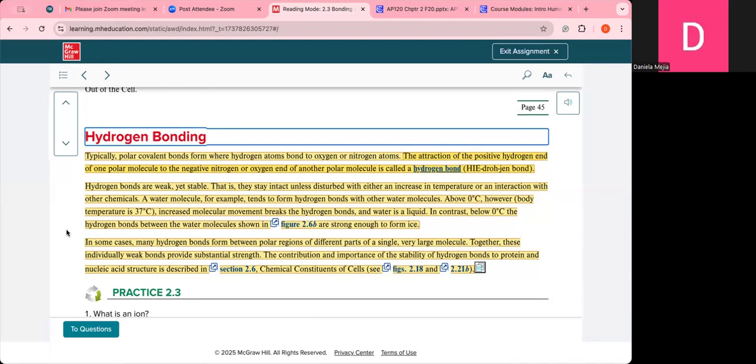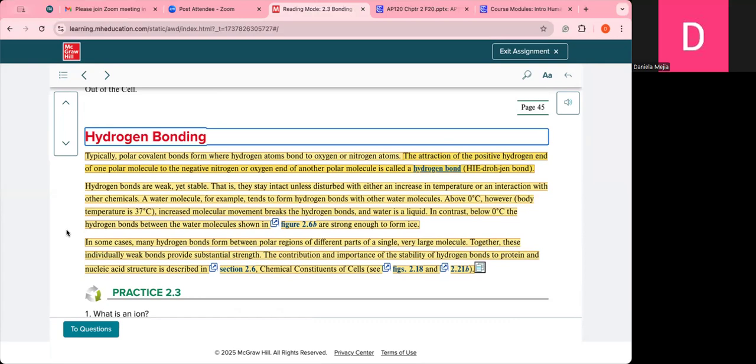The attraction of the positive hydrogen end of one polar molecule to the negative nitrogen end of another polar molecule is called a hydrogen bond. Hydrogen bonds are weak, yet stable. That is, they interact unless disturbed with an increase in temperature or an interaction with other chemicals. A water molecule, for example, tends to form hydrogen bonds with other water molecules.